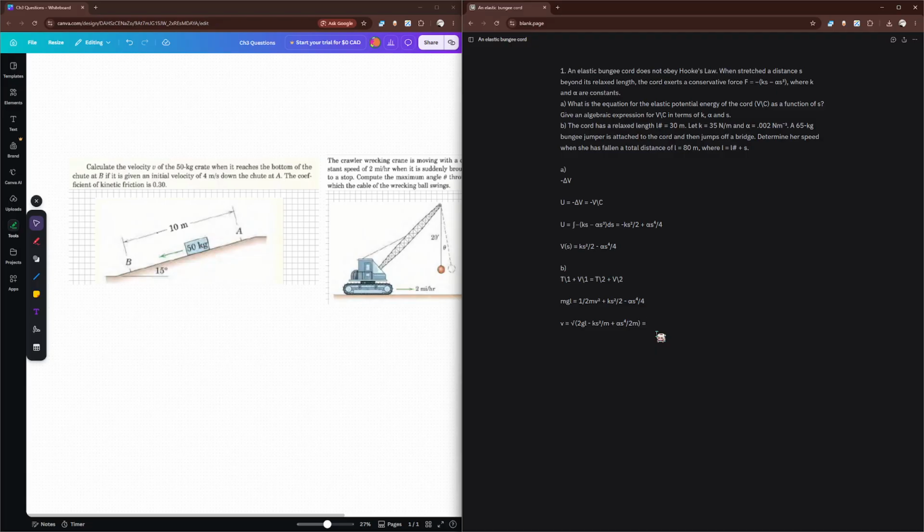And so now we need to plug in our numbers. Square root of 2 times g 9.81 times L 80 minus k 35 times s squared. s is 50. 50 squared over m, what is m?